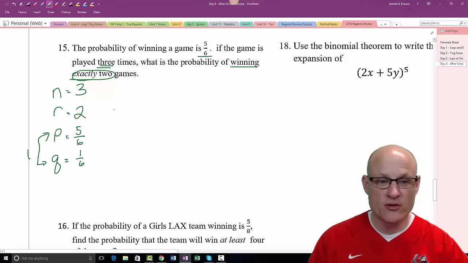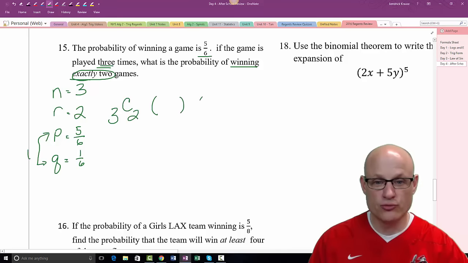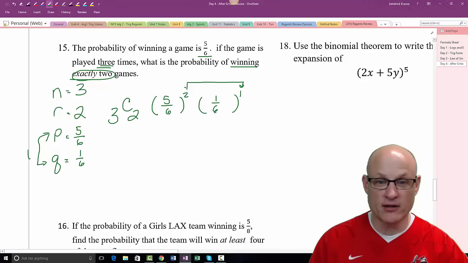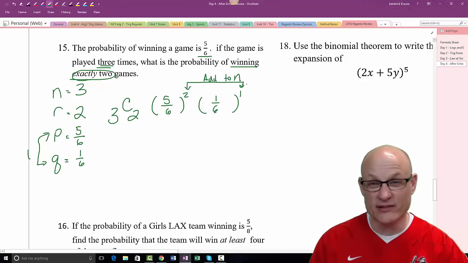So now I just set it up. 3 choose 2. In the first one goes P to the number we want. We want 2. In the second one goes Q, the number we don't want, 1. These two exponents must add to N, 3 in this case.